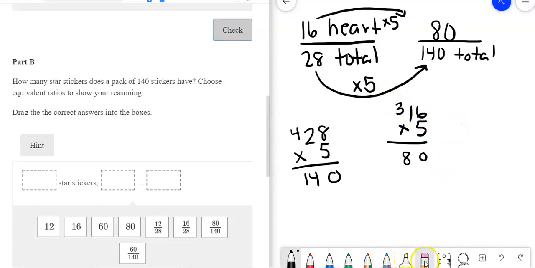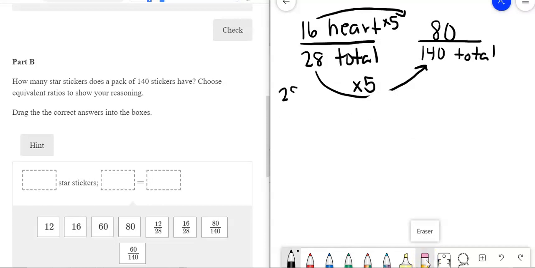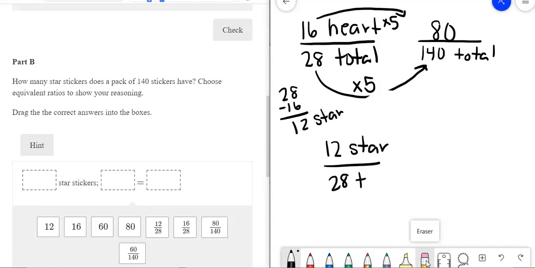Let me erase some of this right here so we have some room. So we did 28 minus 16. We get 12 star. So I have 12 star over 28 total, and I need to get 140 total.